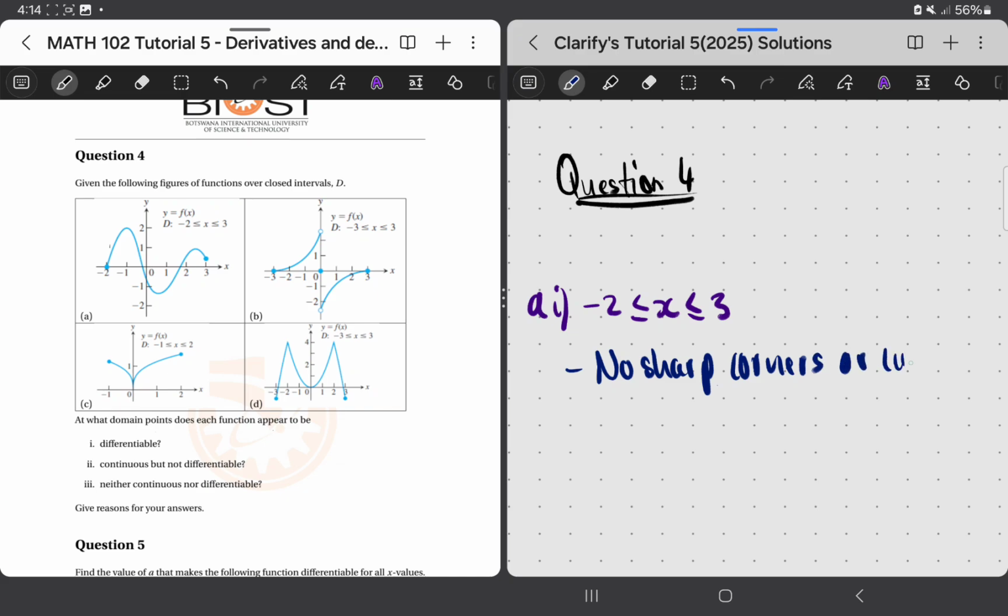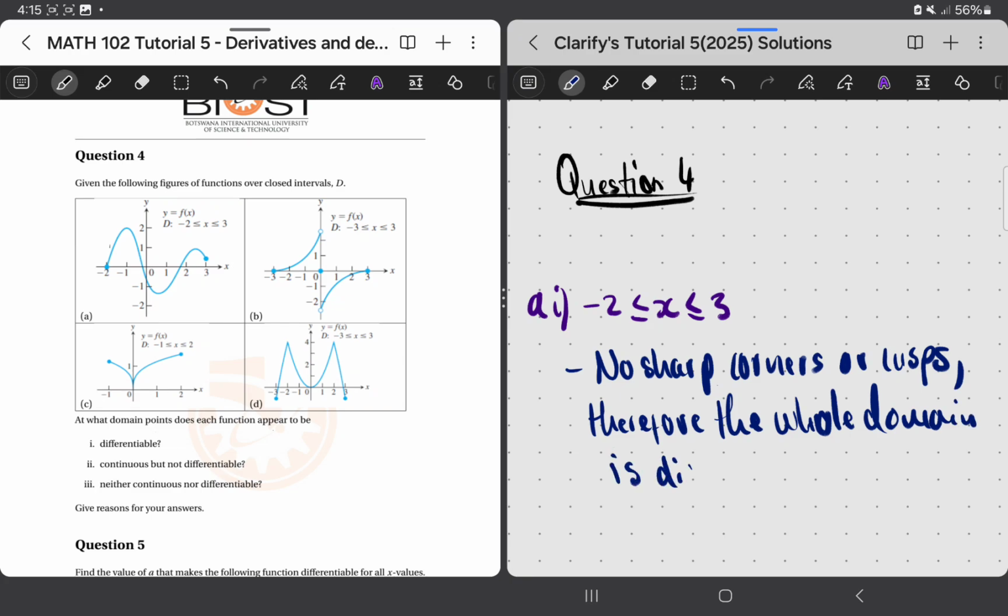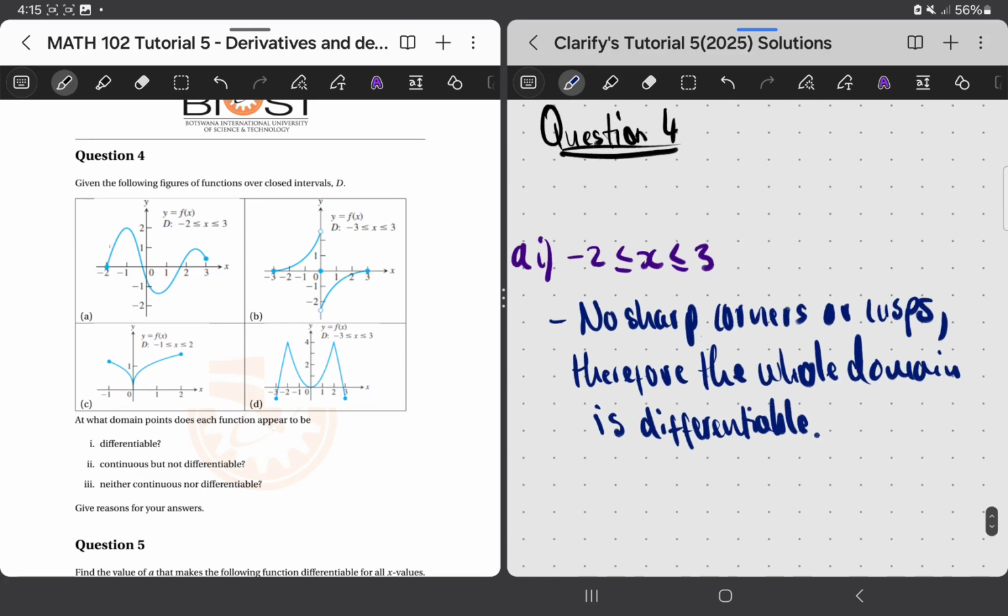or cusps. Therefore, the whole domain is differentiable. So you can say it is continuous and has no sharp corners.